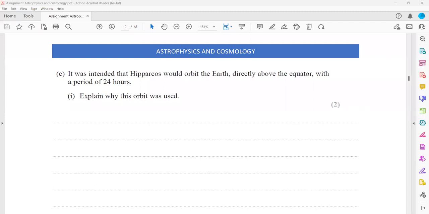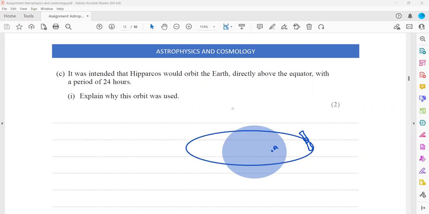So when we observe this star, for example, say position A represents the observatory here, and this is a satellite. If it is a geostationary satellite, it means as the Earth is moving, the satellite will remain at the same point. If A is here, the satellite will be just above that.